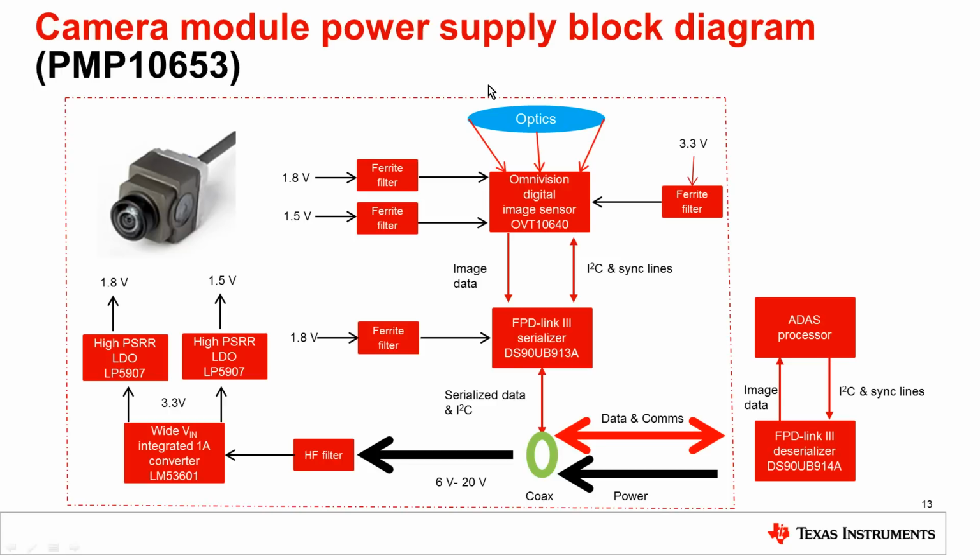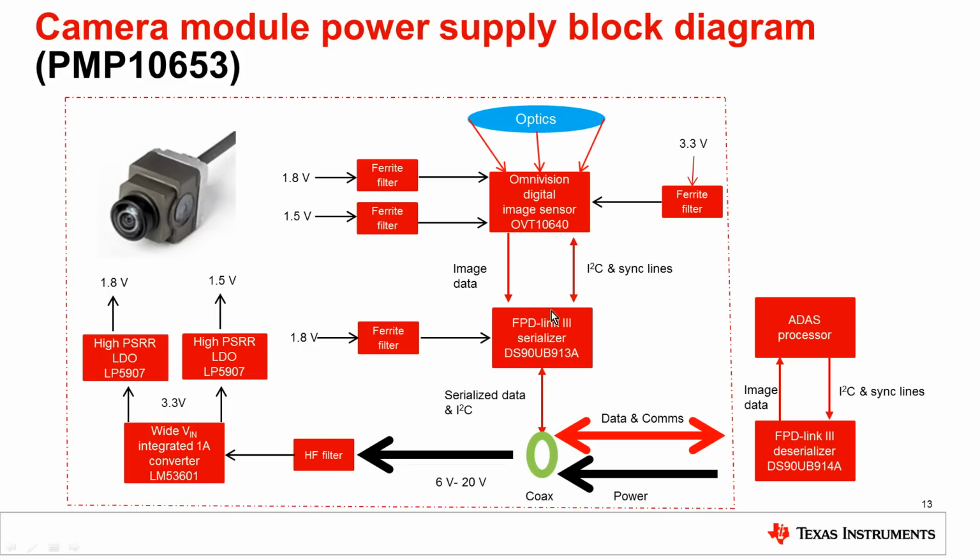The optical data first, of course, is converted into digital data using a CMOS sensor, the image sensor. Here in this particular design, the OmniVision digital image sensor OVT10640 was used.